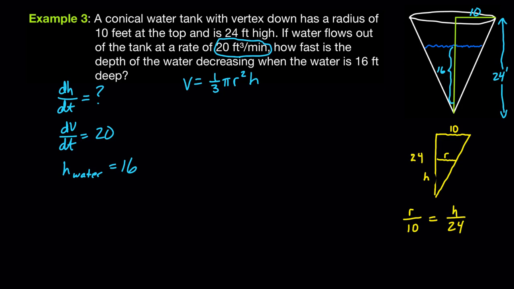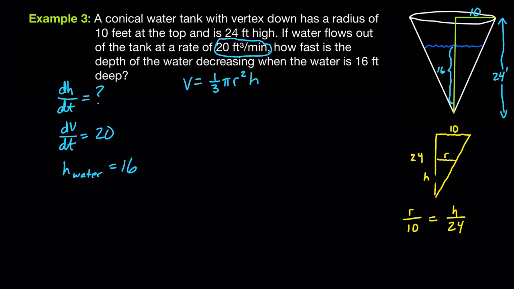Now, let's go back to our problem up here. We need to find dH/dt, which means we need to keep h in our problem. We do not have an r value or dr/dt, and so we need to get the r out of the problem. Well, let's find out then what r is equal to in terms of h.